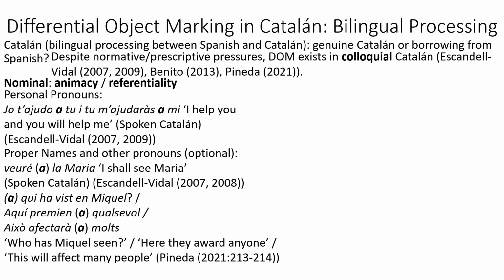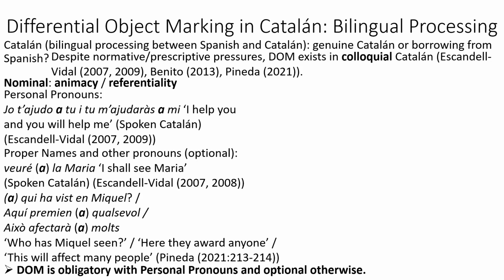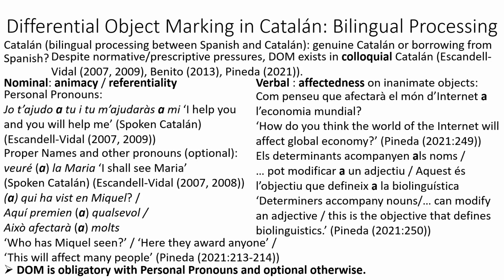So again, there are these examples which I shan't go through. So DOM is obligatory with personal pronouns, but optional otherwise. In terms of verbs, again, with effectiveness, there are also examples cited by Anna Pineda in a recent work. There are examples of inanimate objects being marked by affective verbs. So, for example, afectará a la economía.